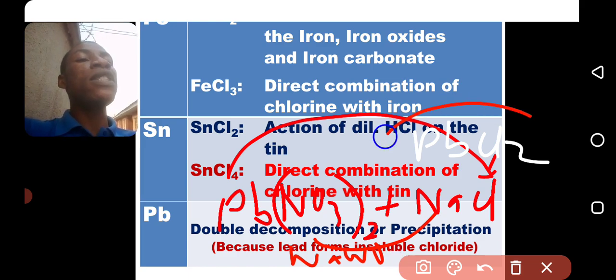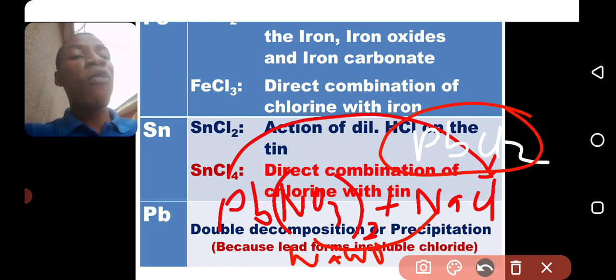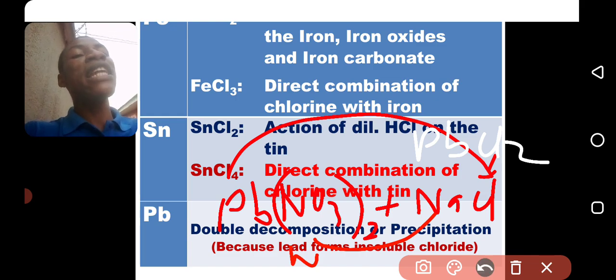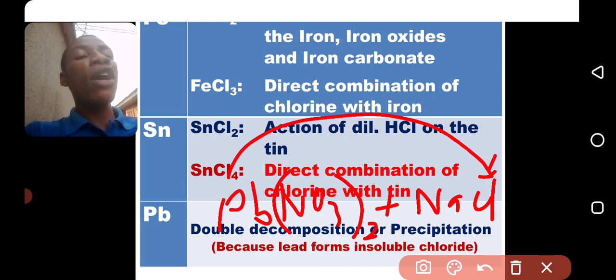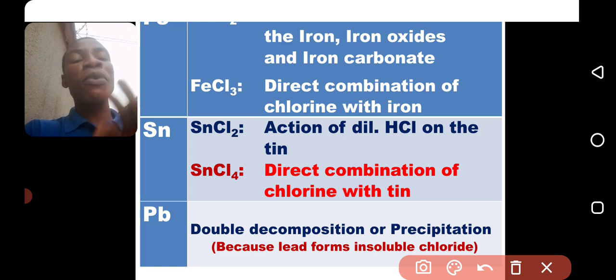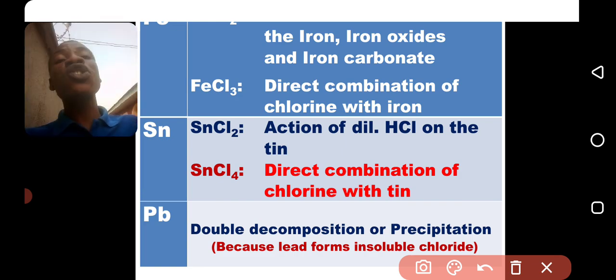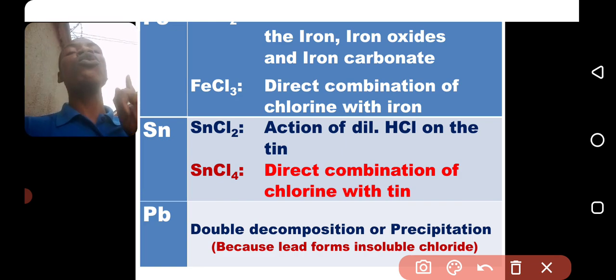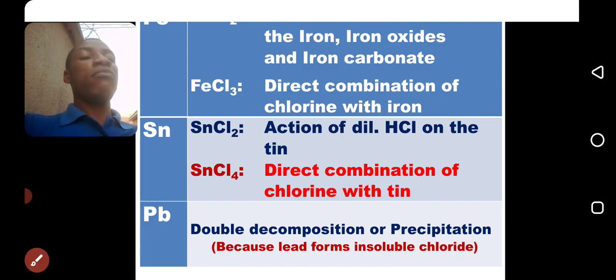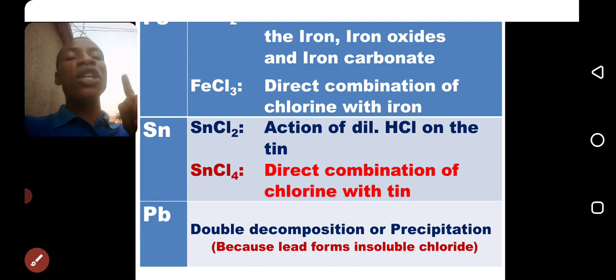Because PbCl2 is an insoluble salt, it will come out as a precipitate. You call that the precipitation method, or if you like, the double decomposition method. So any salt whatsoever that is insoluble in water, you prepare by double decomposition.